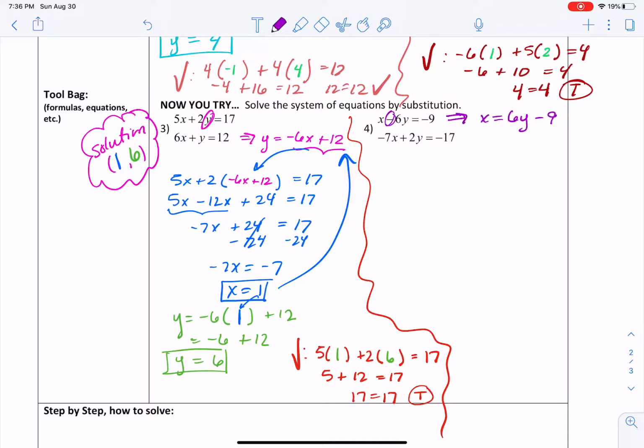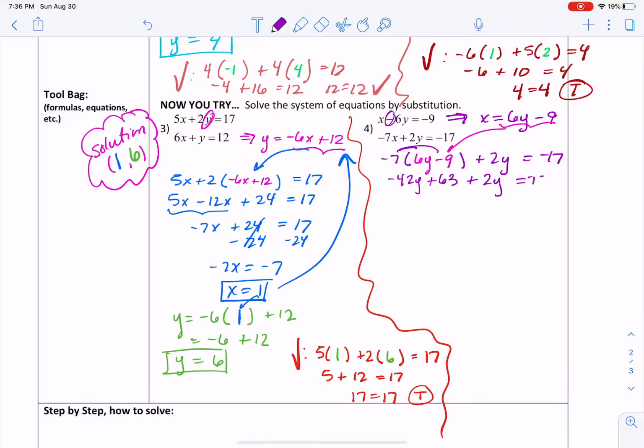So we start with the equation -7 times whatever x is plus 2y equals -17. And I know that this is my x value, 6y minus 9. So by distributing, I get -42y plus 63 plus 2y equals -17.